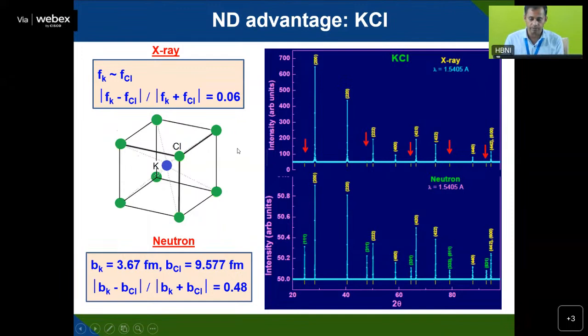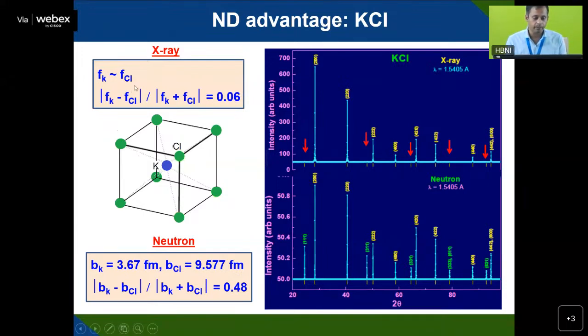One basic example I have given here is NaCl and KCl. In the case of NaCl, you have a strong diffraction peak, that is, you are able to see the 111 peak in X-ray diffraction analysis. But in KCl, because potassium and chlorine are isoelectronic, you are not able to see this 111 peak, as they cancel each other. So you are not able to see it in the X-ray diffraction pattern. But if we go to the neutron diffraction pattern, as I told, the scattering lengths of potassium and chlorine are different.